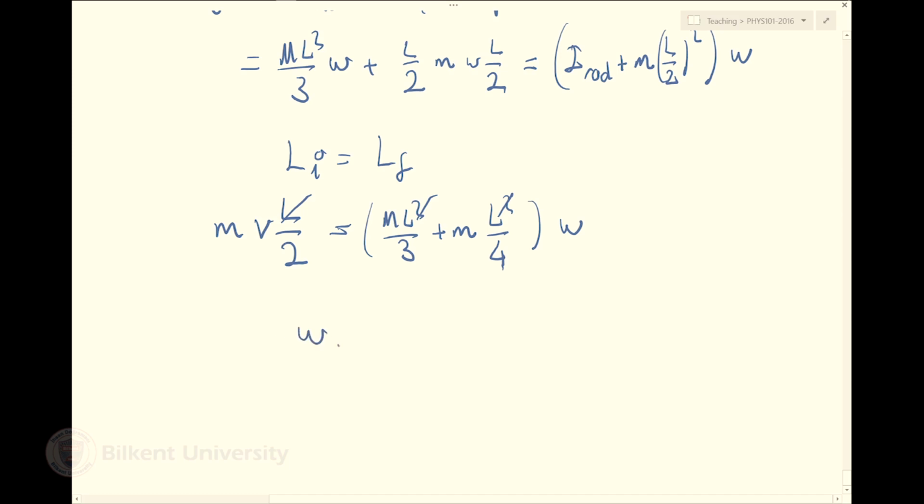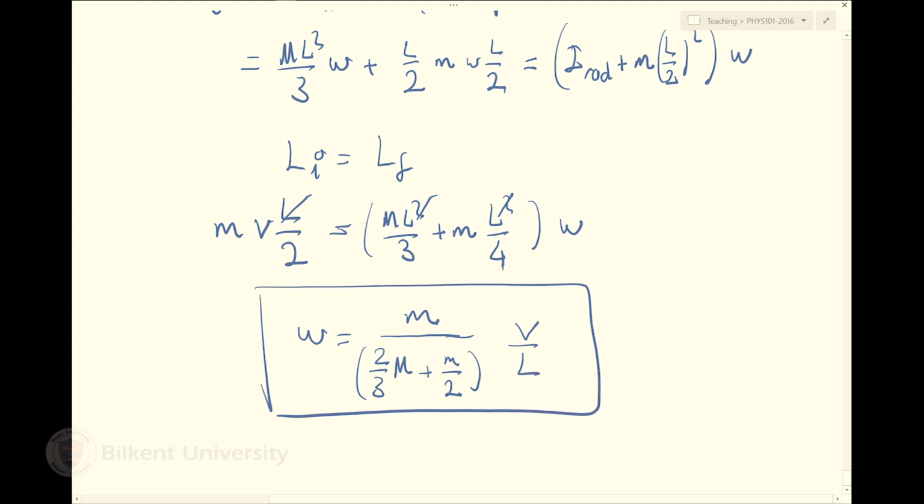So omega is m v over (M over 3 plus small m over 4) times 1 over L. Hmm, actually as written: omega equals small m v over (2/3 M plus small m over 2), times v divided by L. Okay? Now, let's check.